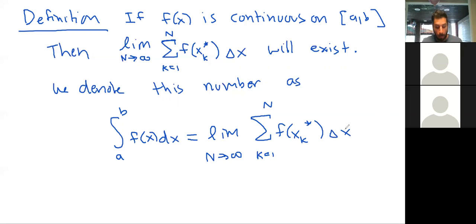Now, you're going to have to remember what all these symbols mean. I can't keep writing them down. We've written them down a few times now. So this limit exists.